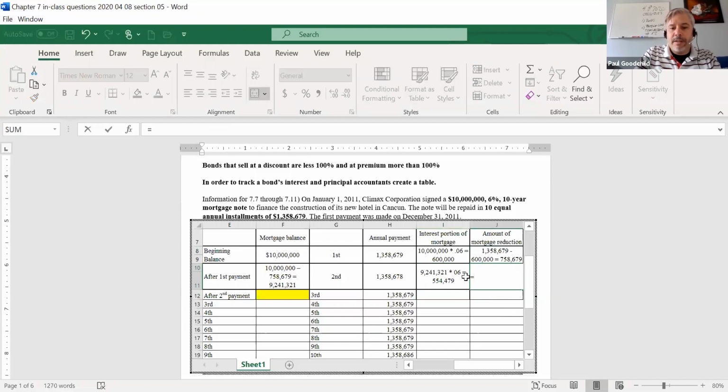And we take that 554,000 and we subtract it from the 1,358,678.